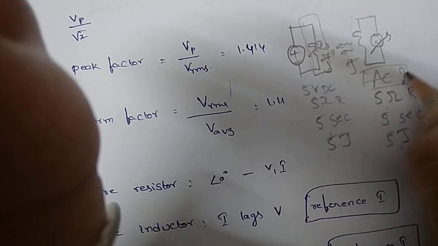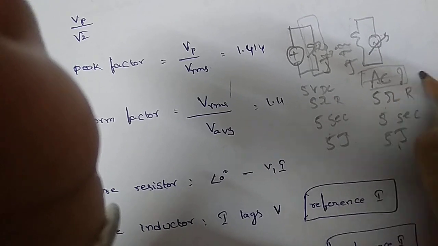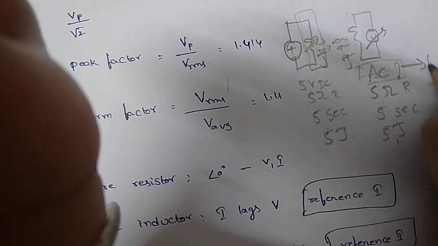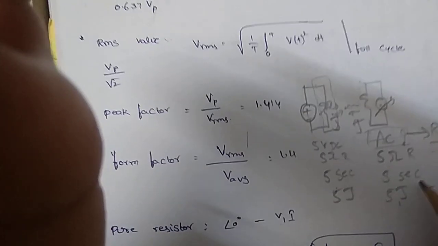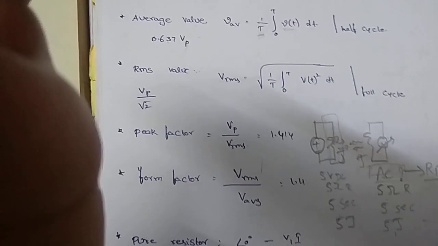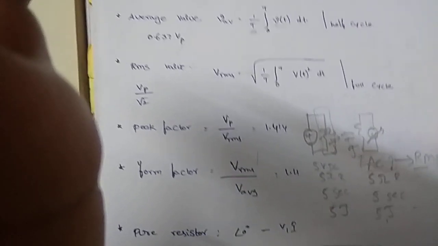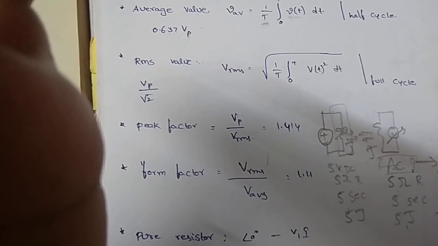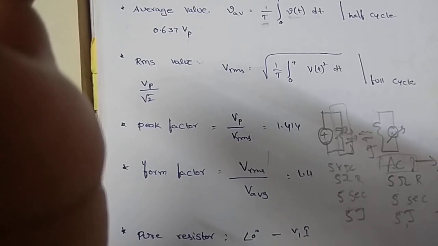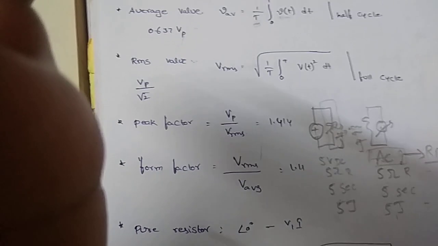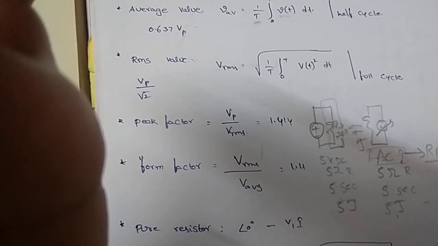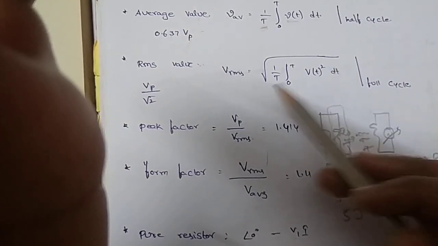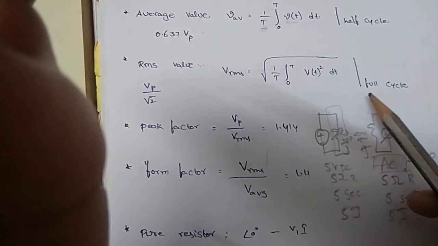That AC voltage is called RMS voltage. Here this RMS voltage is given for the entire full cycle, because to dissipate the heat energy, both positive and negative waveforms are responsible for generating this heat energy. That's why this RMS value we consider for the entire full cycle.